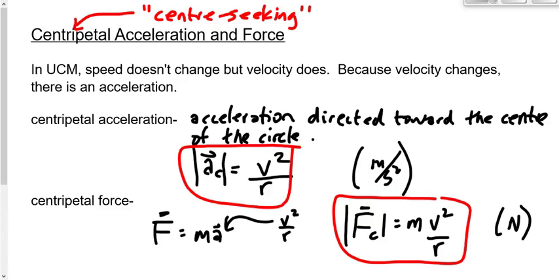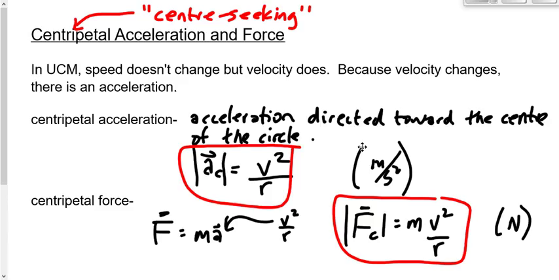Now, I'm going to justify that for you. How do we know it's directed toward the center of the circle? Okay, I got these keys in my hand attached to the end of this string. I'm going to swing the keys around in a circle. Which direction, as they orbit around my hand right now, do these keys want to go at all times? Think back to last unit.